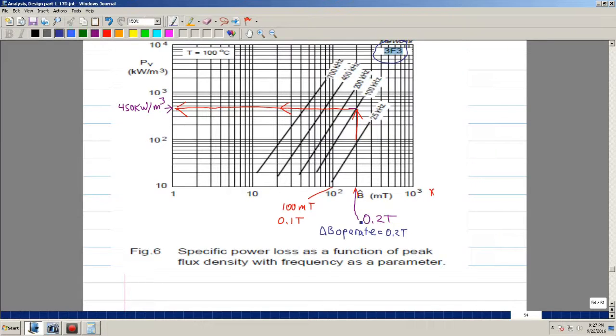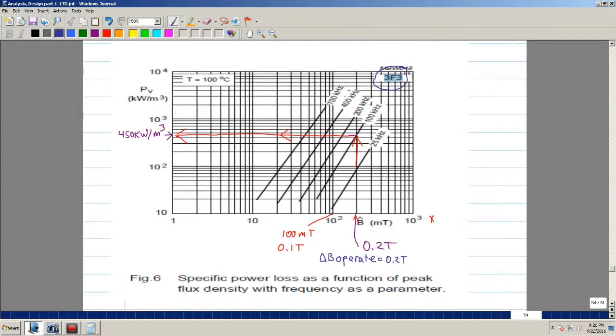Well, in this case, 0.2 is right here because this is 0.1 Tesla. This is 0.2 Teslas. And you notice that there's this plot that corresponds to when your switching frequency is 25 kilohertz, 100, 200, 400, and 700. So in the design example, I'm using 100 kilohertz.